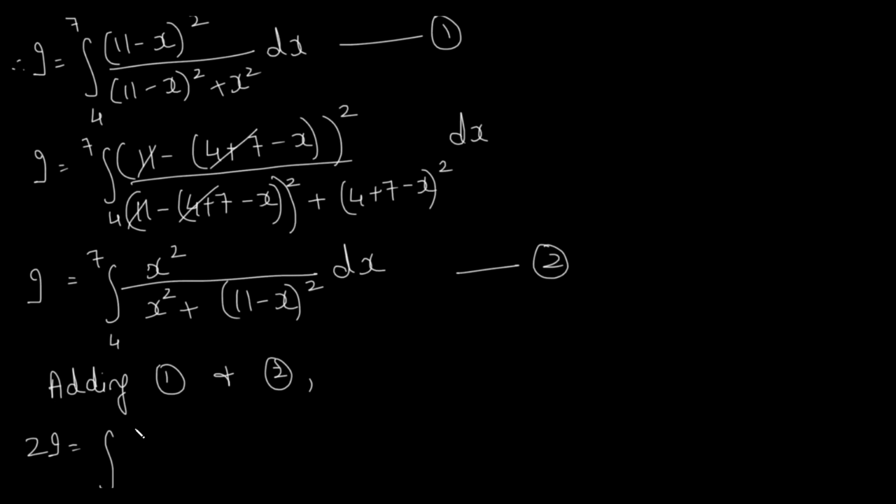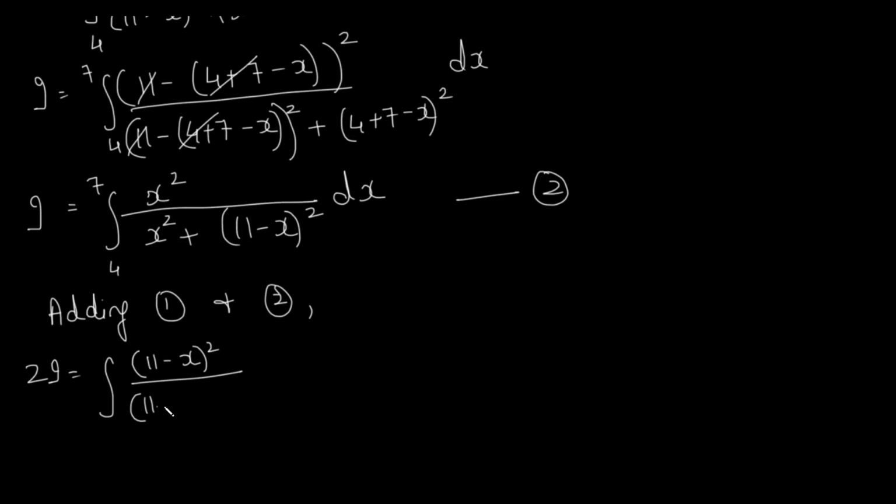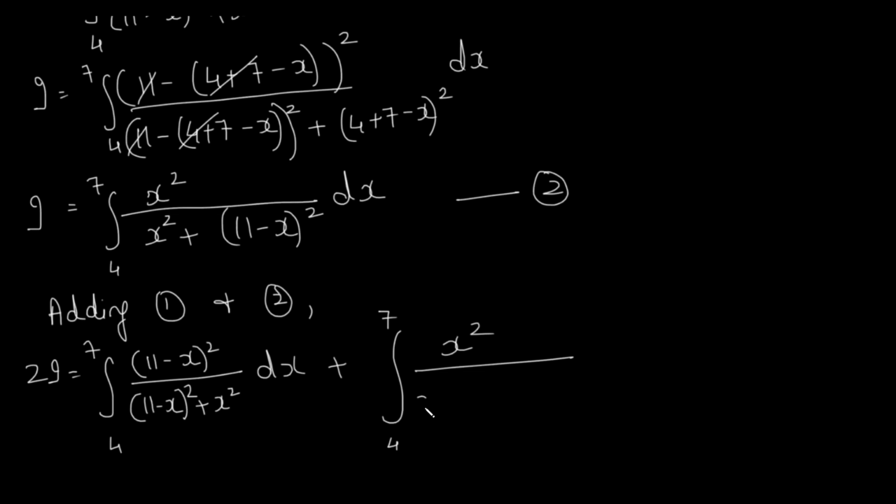The question is 11 minus x the whole square upon 11 minus x square plus x square dx from 4 to 7, plus the second term, that is integral 4 to 7 x square upon x square plus 11 minus x the whole square dx.